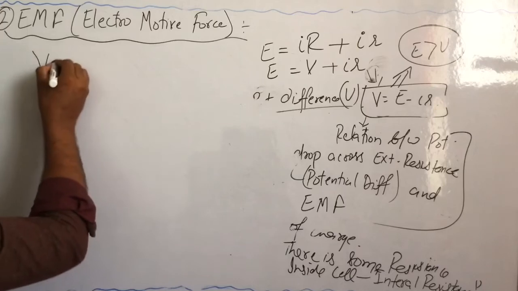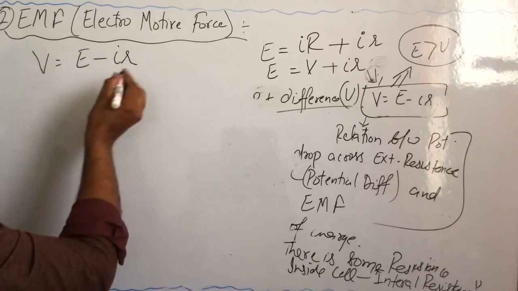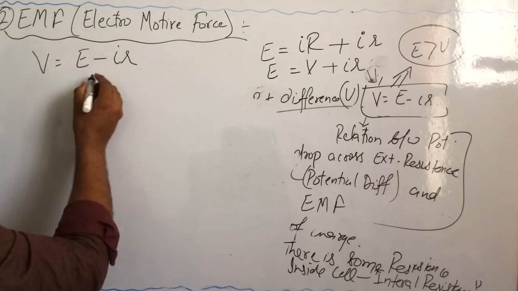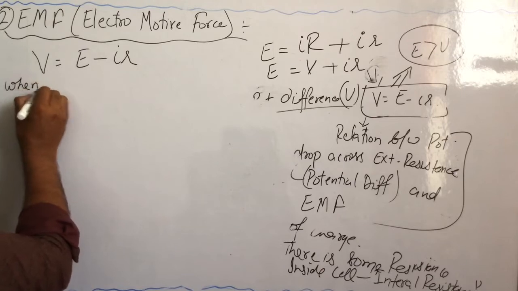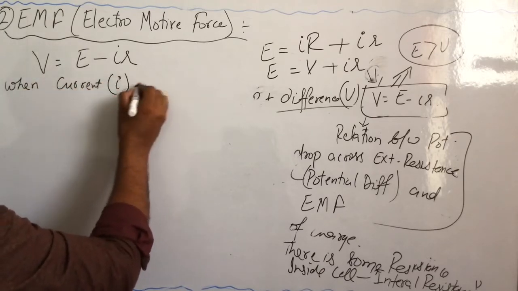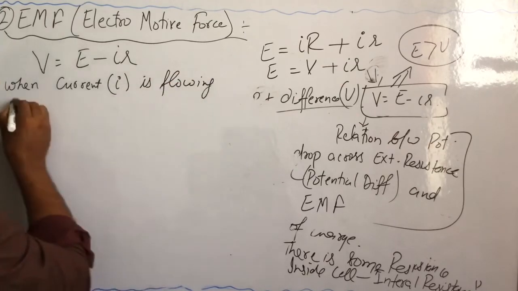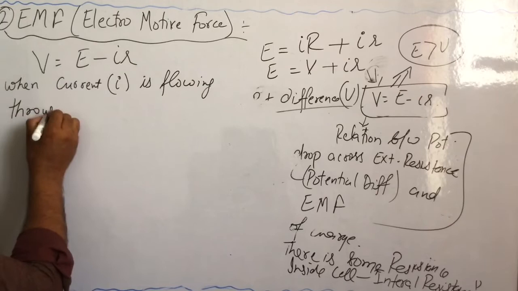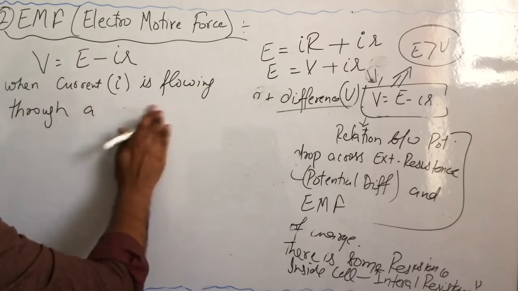We have a relation V is equal to E minus Ir. So this is the relation when current is flowing. This is when current I is flowing through a resistor, through an external resistor.